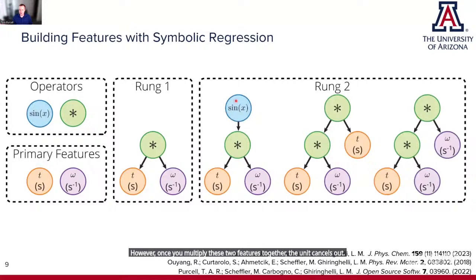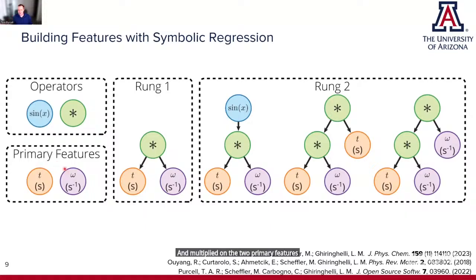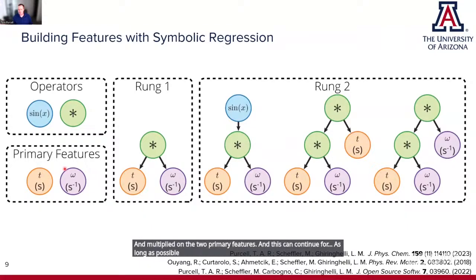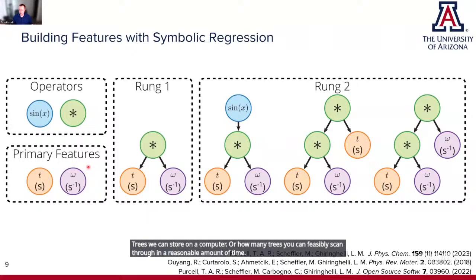So for rung 2, we can actually start to take the sine of it, as well as continue on these multiplication trees here, where essentially we've taken this rung 1 feature and multiplied on the two primary features. And this can continue for as long as possible until we realistically hit a computational limit of how many of these trees we can store on a computer, or how many trees we can feasibly scan through in a reasonable amount of time.